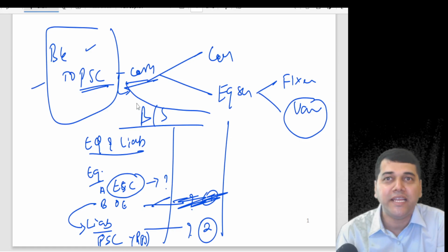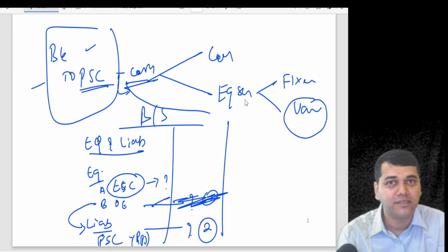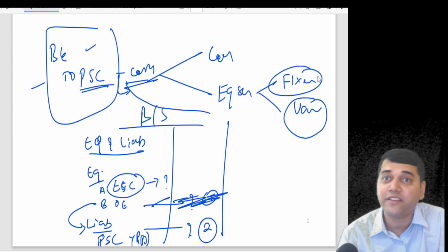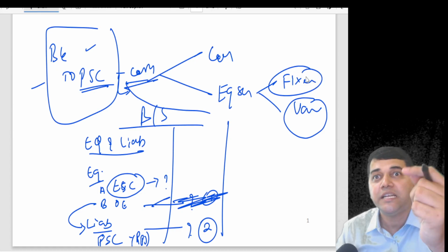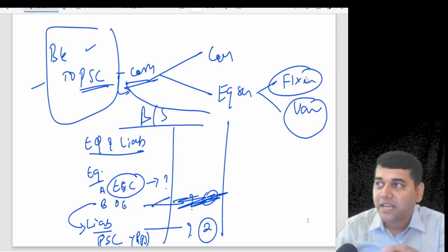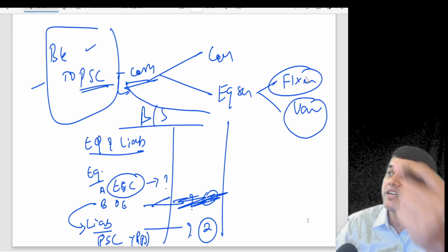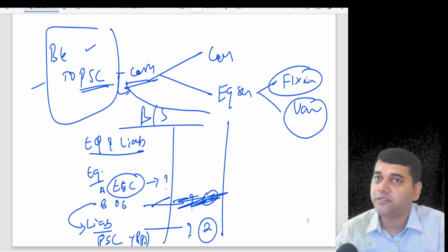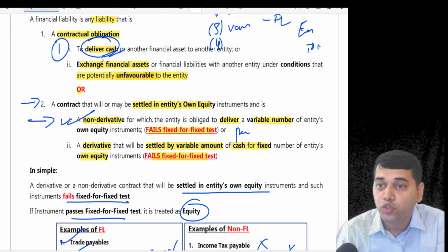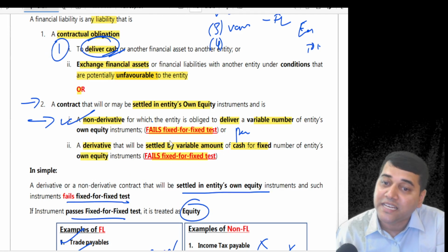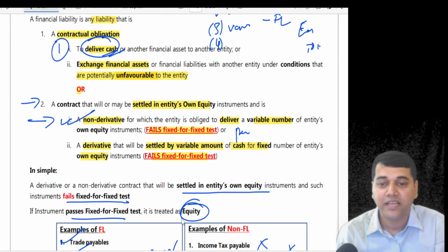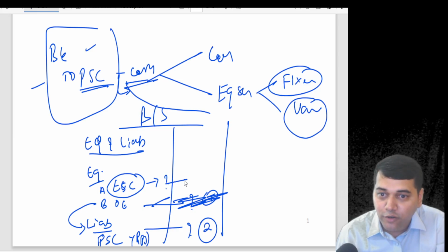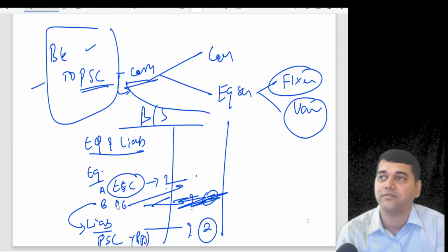If today I have got money and after 1 year I am going to redeem it, but my redemption is going to happen based on a fixed number of shares, it is called convertible preference shares. It can be called a CCPS, compulsory convertible preference shares. You are going to come across this now. Now, how many shares? Fixed. Then today only you show it as equity because it has passed the fixed-for-fixed test. It is equity. That means under other equity you have to show this.